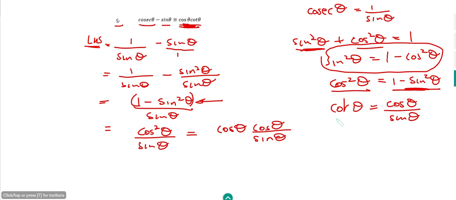And we've done it, because we can replace the cos over sine by a cot. So that becomes cos theta cot theta, which equals the right-hand side. And that's it.